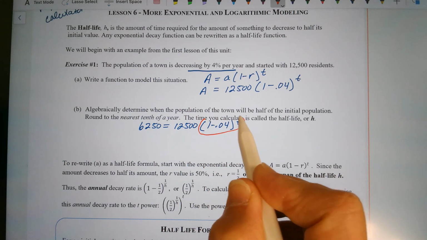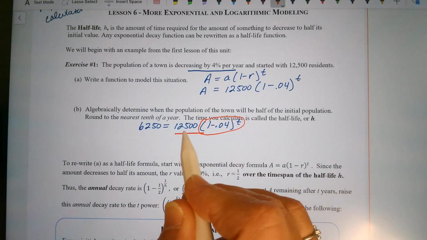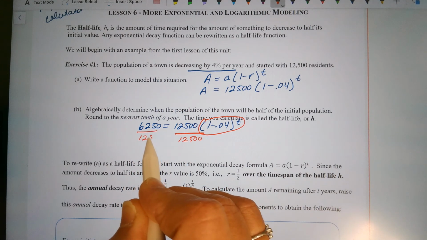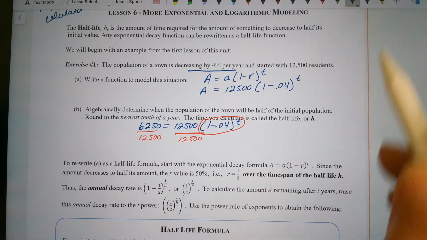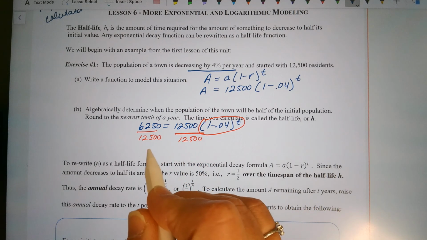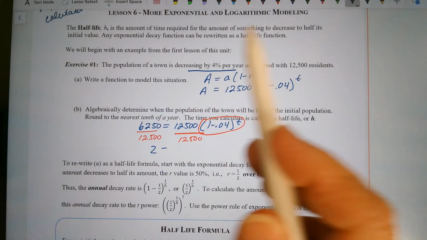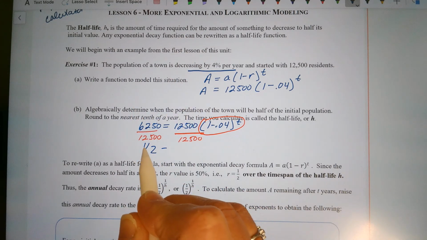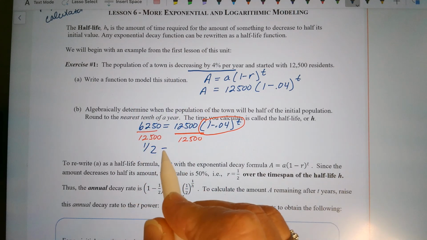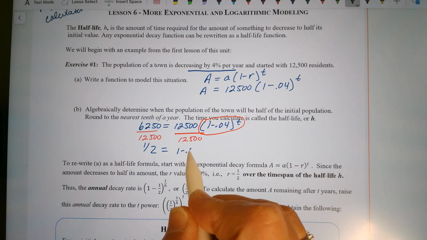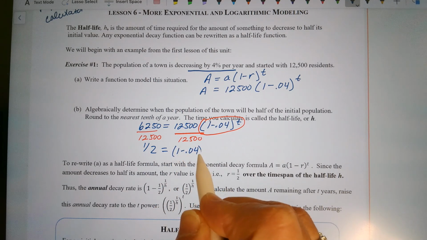We want to get that base and exponent by itself. Divide by 12,500. 6,250 over 12,500, that's 1/2, is equal to 1 minus 0.04 to the t.